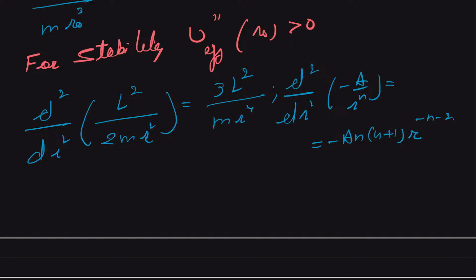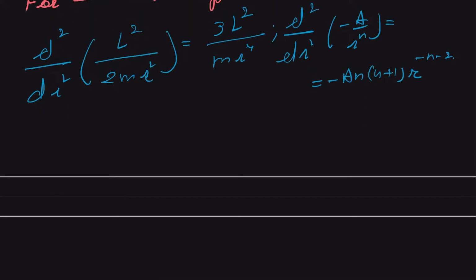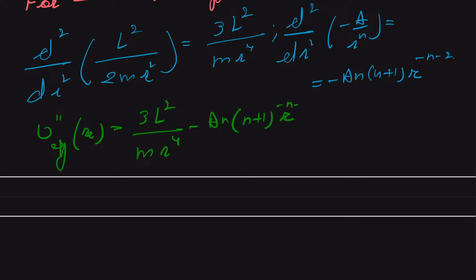And therefore, we can combine them and we get the V effective double prime at r naught, which will be equal to 3L square upon m r raised to power 4 minus a n (n plus 1) r raised to power minus n minus 2.